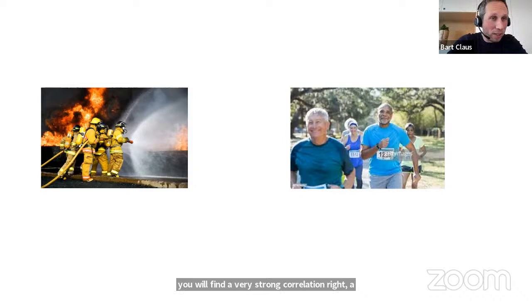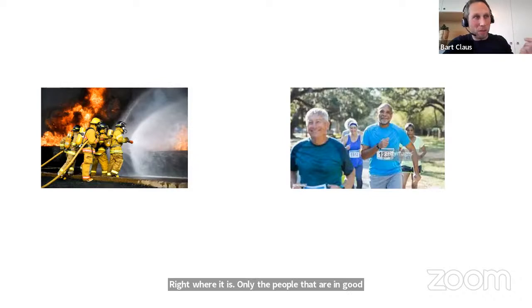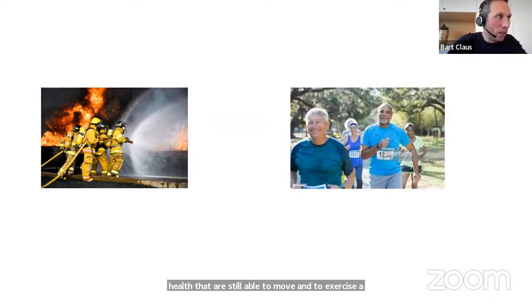Now, the interpretation of that can easily be mistaken because you might conclude that the more people move, the better in shape they are. But this might simply be the result of a selection effect, where it is only the people that are in good health that are still able to move and to exercise a lot. So the causality might actually be reversed.